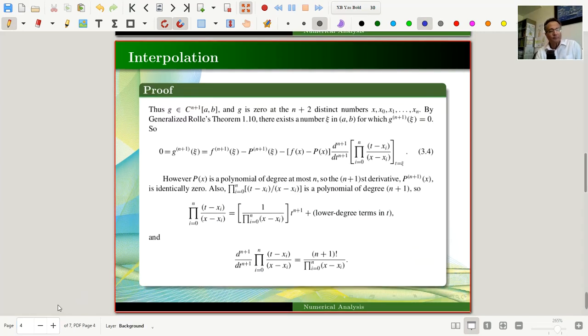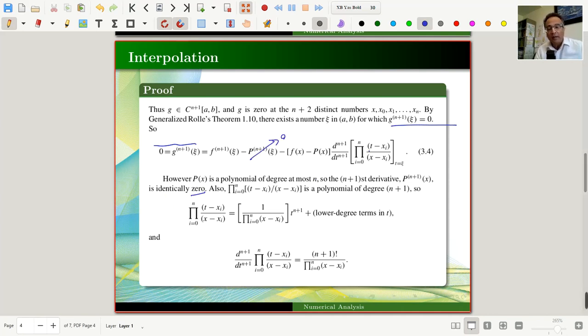We get something like this. We know that this will be 0. So we get f^(n+1)(c) minus P^(n+1)(c) minus [f(x) minus P(x)] times d^(n+1)/dt^(n+1) of this product. Now P is a polynomial of degree at most n, so the derivative of order n+1 of P will be 0.